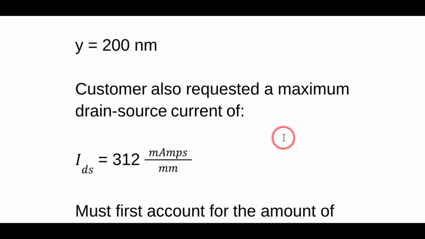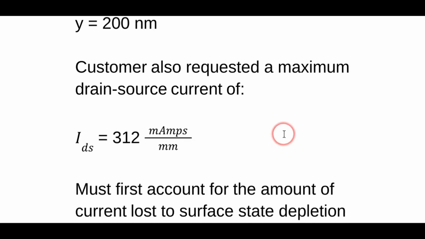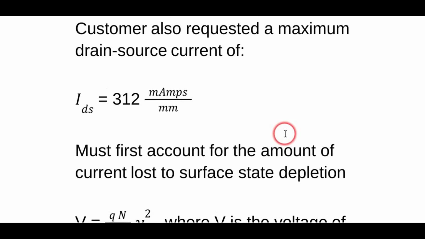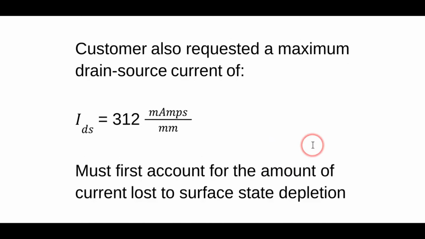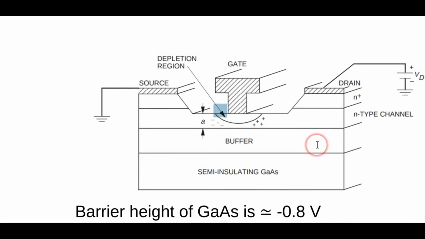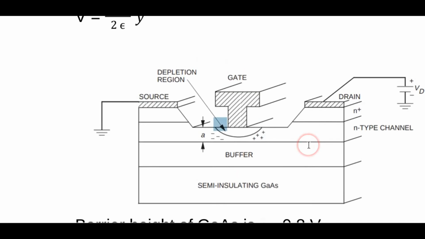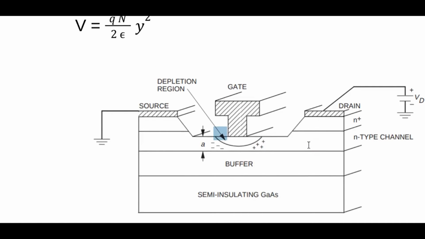All right, now to calculate that, we have to go back to our drawing and think about some other weird thing that happens in gallium arsenide. I assume it happens in other semiconductors. I'm sorry, I don't know anything about silicon, but it certainly happens in gallium arsenide. Because this surface is not passivated here, it doesn't have any stable oxide, like I said. There's all these weird states that are going on here.